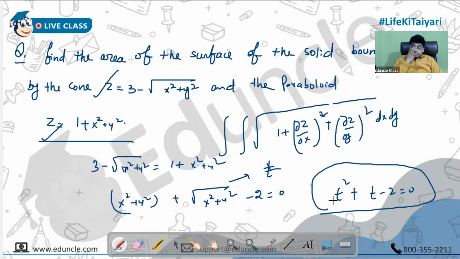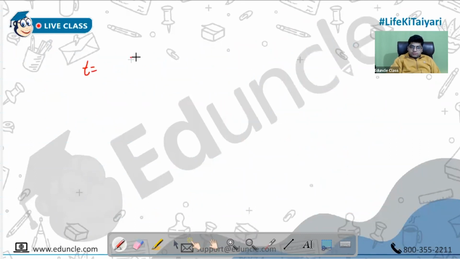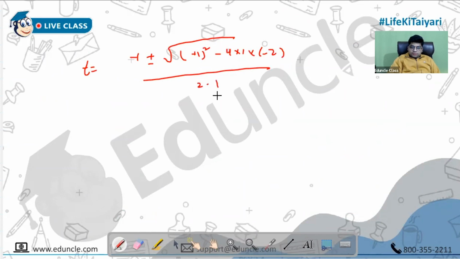What will happen? Tell me. I agree with you. You can equate the z values. t square is t plus 2, then t square minus t minus 2, then t is equal to minus b plus minus under root b square minus 4 into 1 into minus 2 over 2.